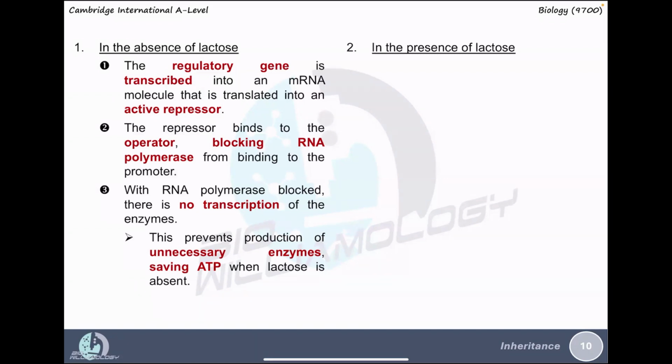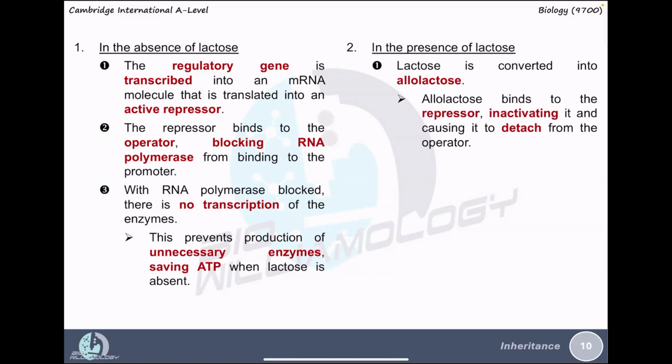However, in the presence of lactose, lactose is converted into allolactose. And allolactose binds to the repressor, inactivating it, and therefore this inactive repressor protein detaches from the operator.